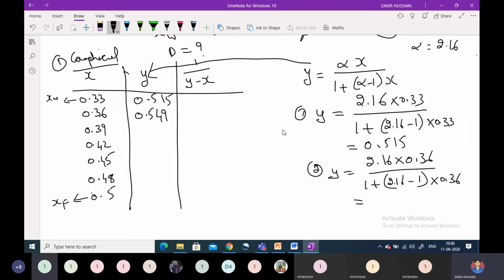Then similarly, for the third point you can evaluate y, which is 0.5807. I assume you know how to calculate this.